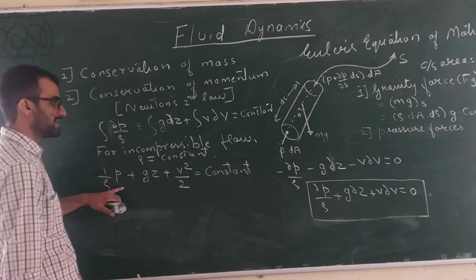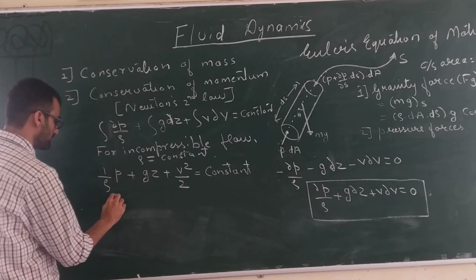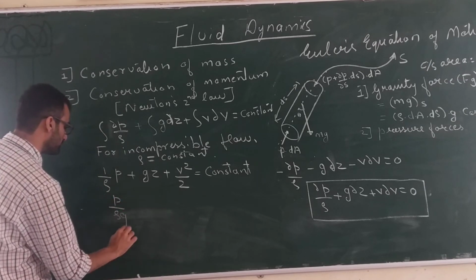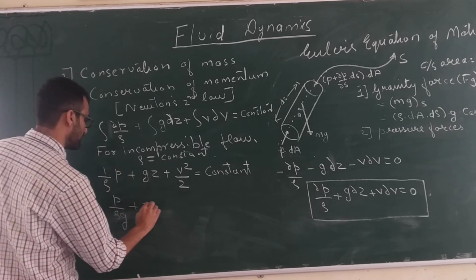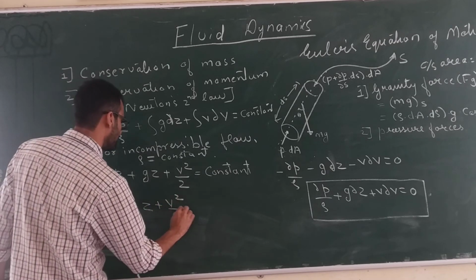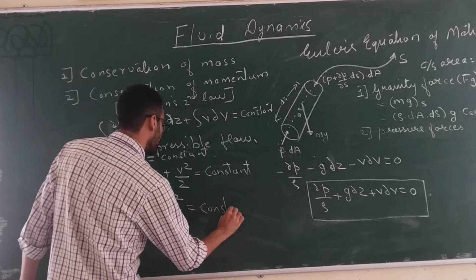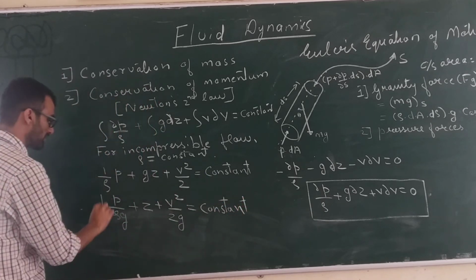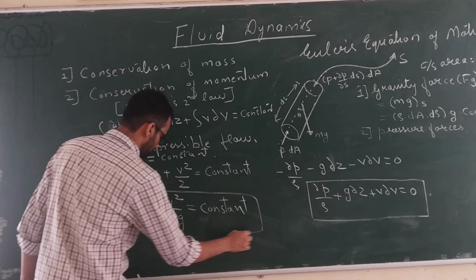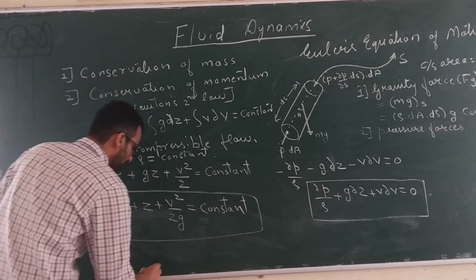Now divide by g, what do we get? P by rho g plus Z plus V square by 2g equal to constant. Okay, so this is your Bernoulli's equation.